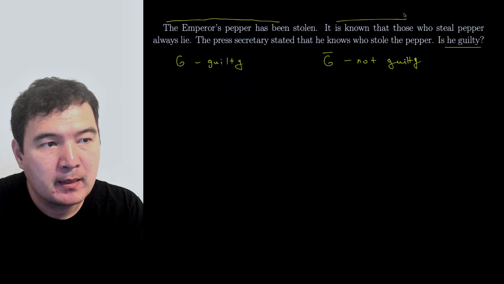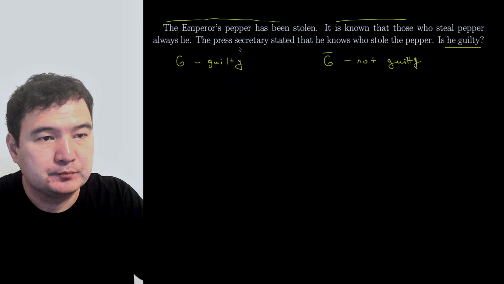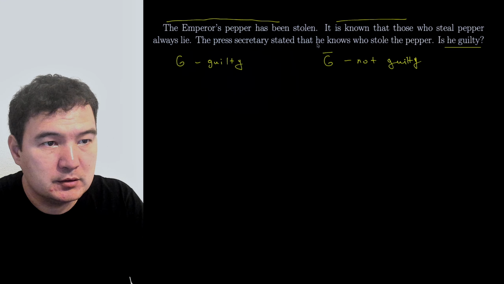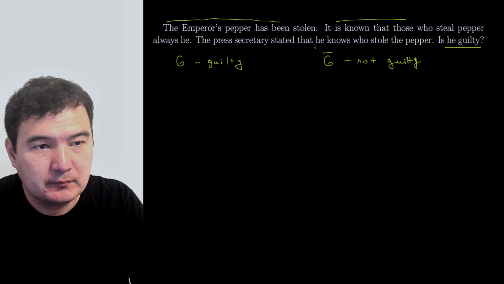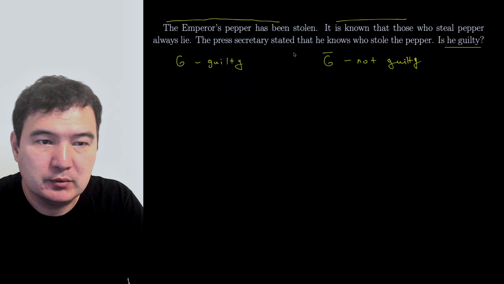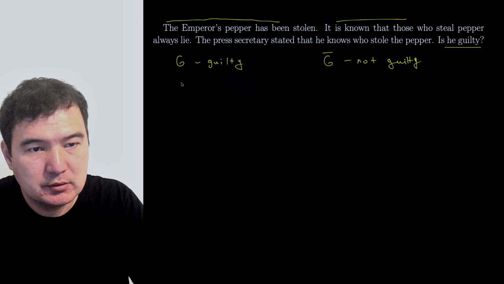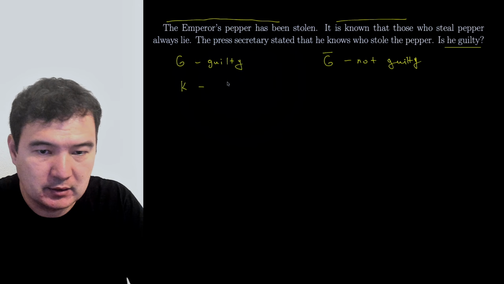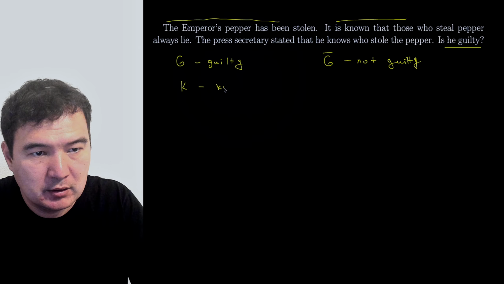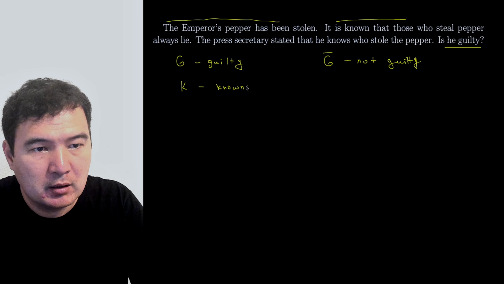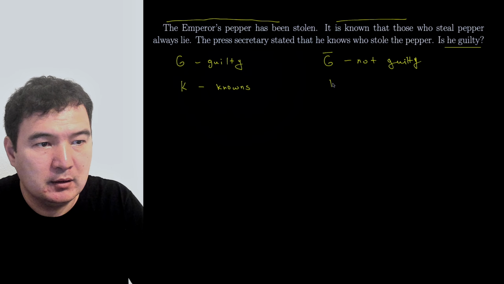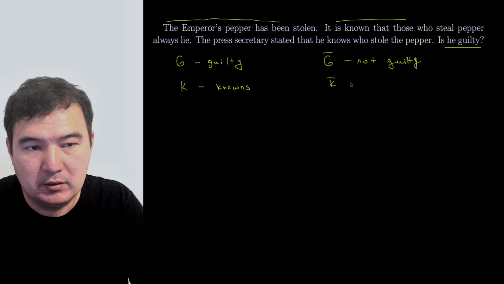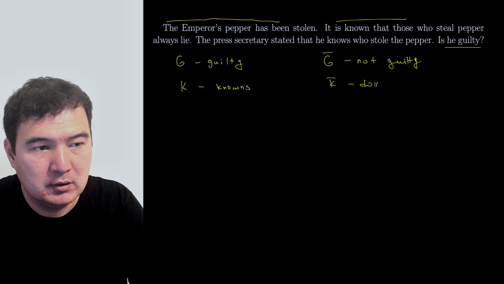We don't know exactly if it's true or a lie. So there are also two ways. Either the secretary knows the thief, so he's not lying, or he doesn't know, so he's lying.